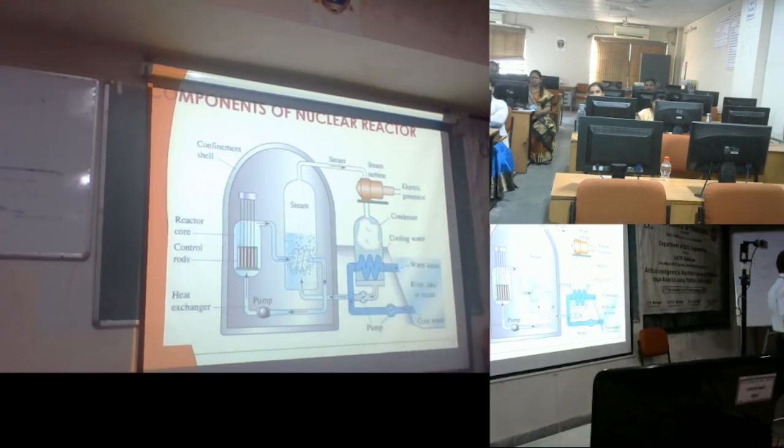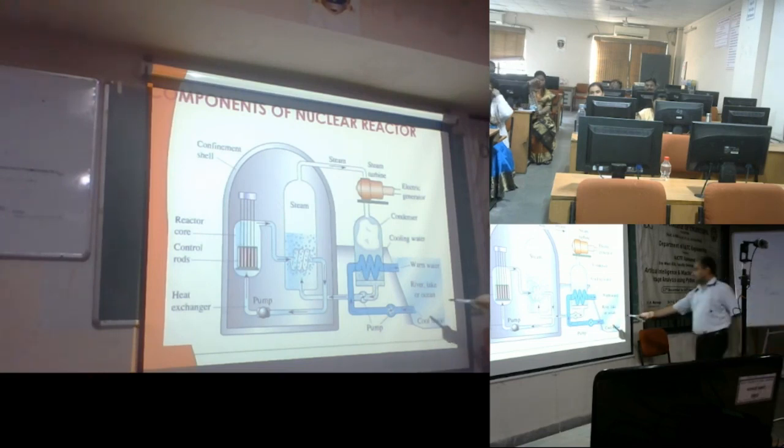This loop is known as the secondary loop, and the third loop is known as the tertiary loop, which is basically an open loop.